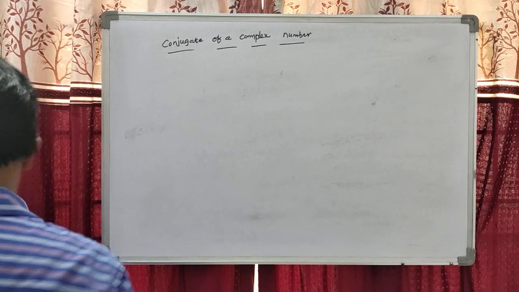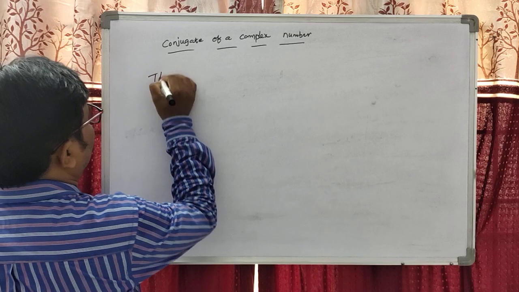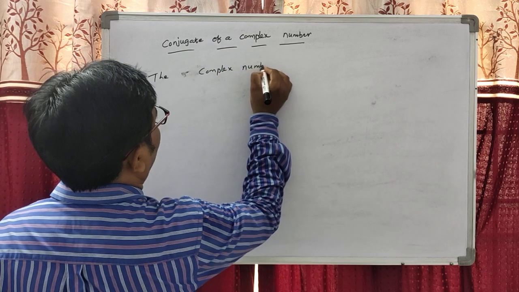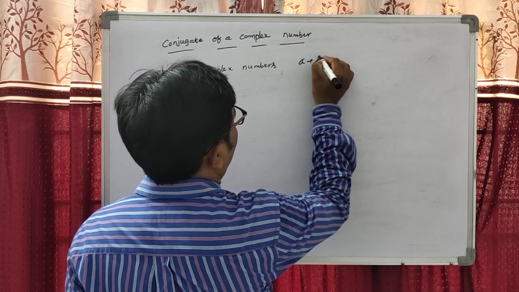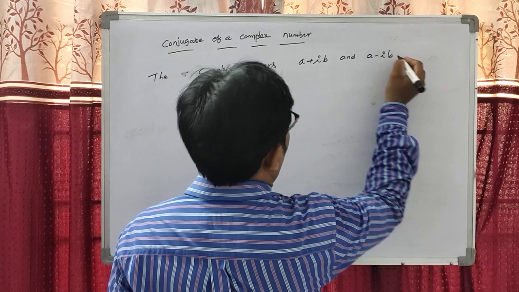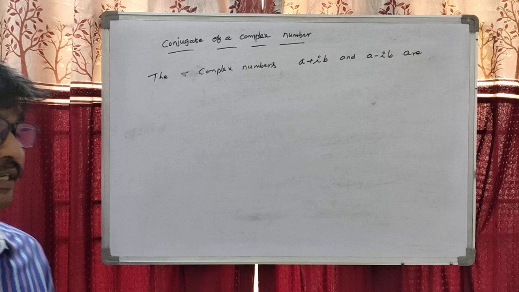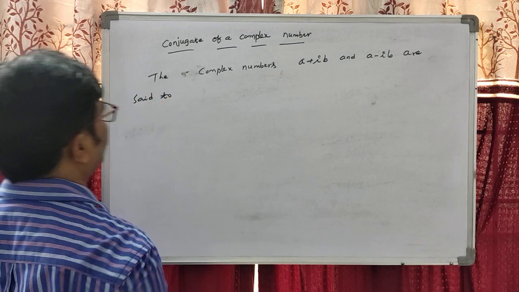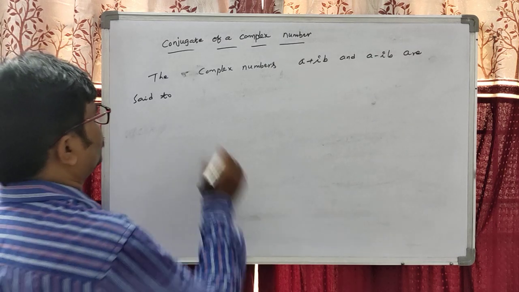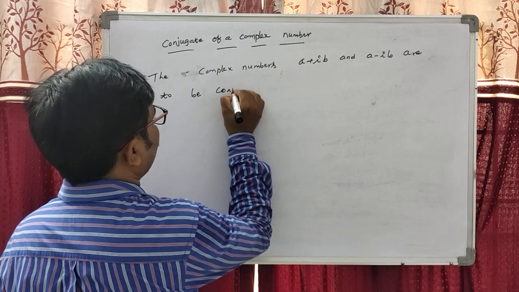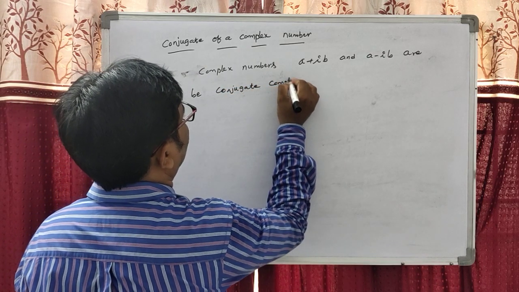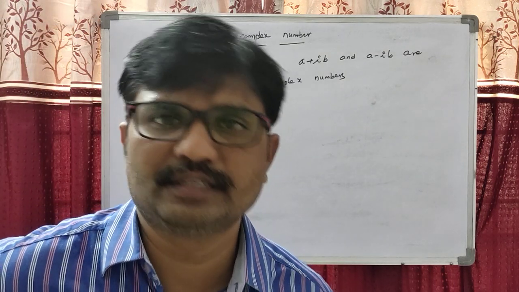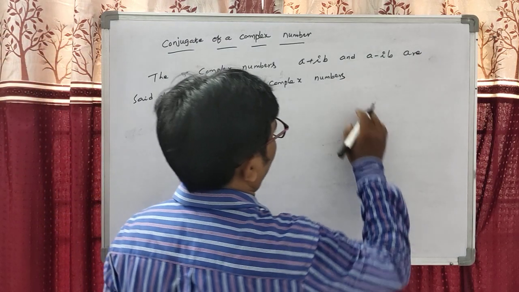Therefore students, the complex numbers a + ib and a − ib are said to be conjugate complex numbers of each other.